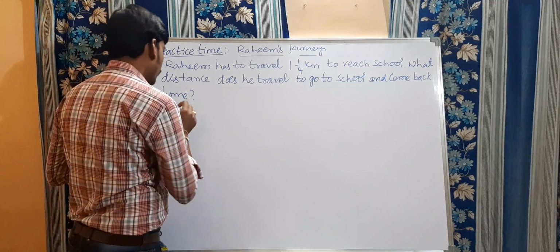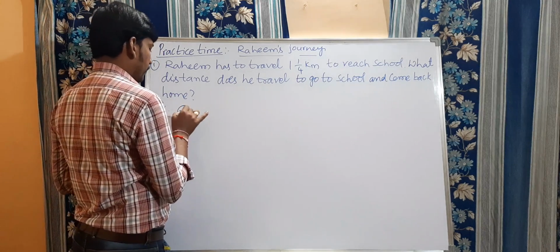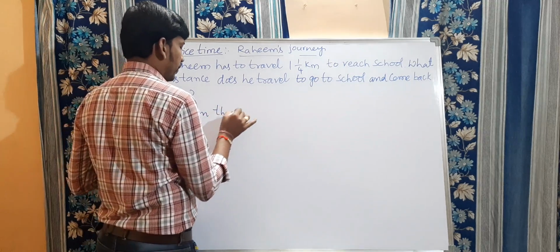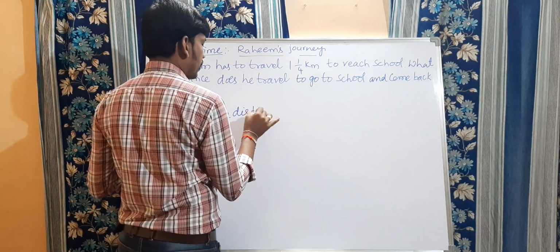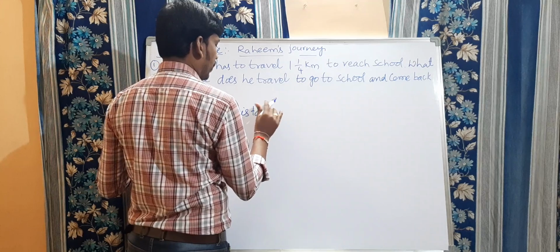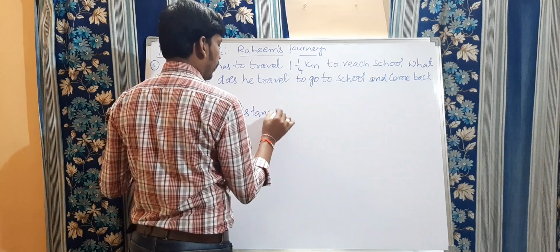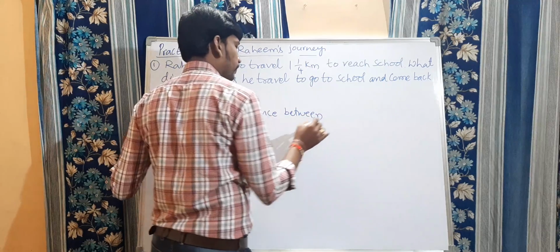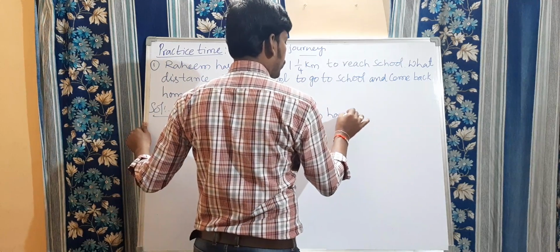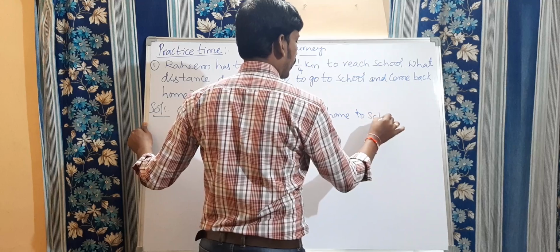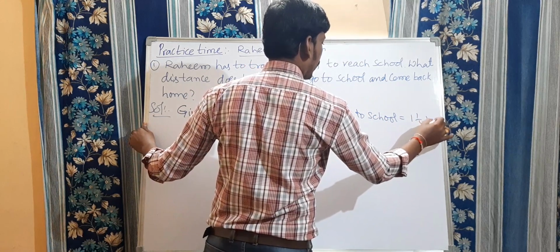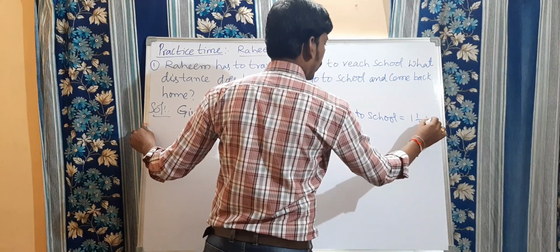Clear? So now, given the distance from home to school is equal to how much? 1 1/4 kilometer.